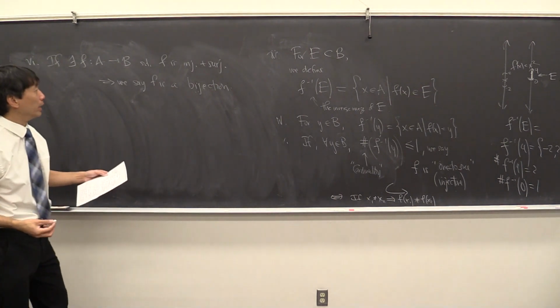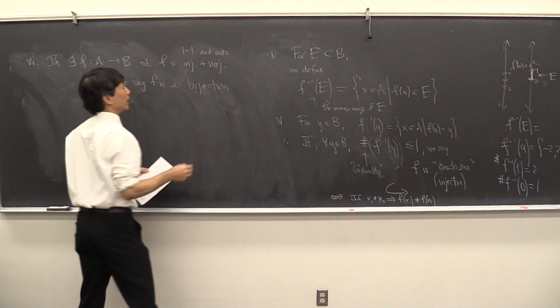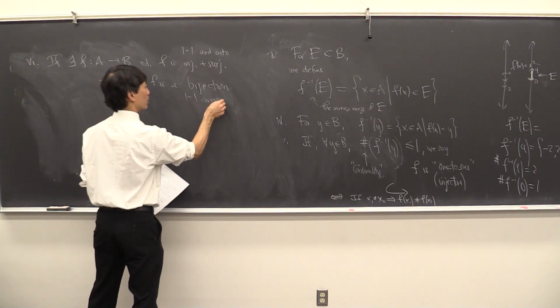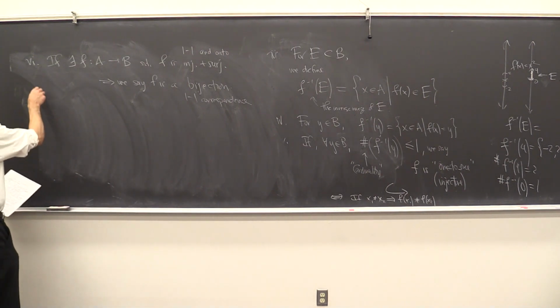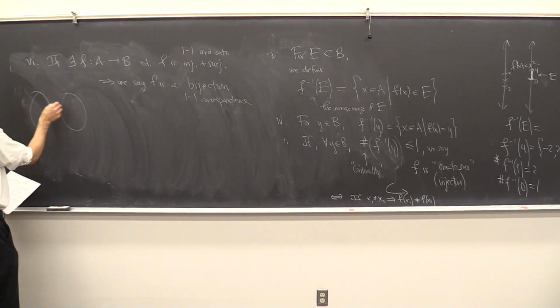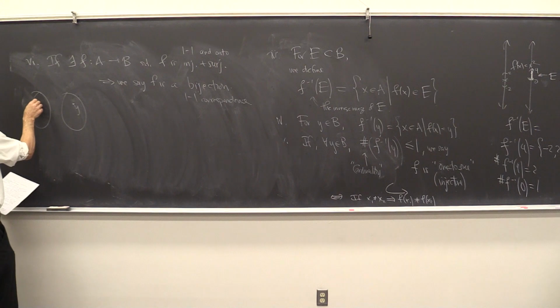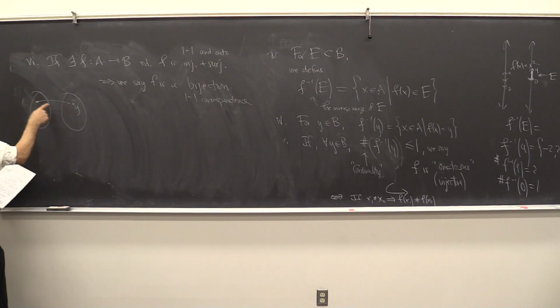So it's 1 to 1 and onto, and then we call it a bijection or a 1 to 1 correspondence. That means every point in B is hit by some point in A, and there's only one point that gets mapped onto it. So each point in B corresponds to exactly one point in A, and vice versa.